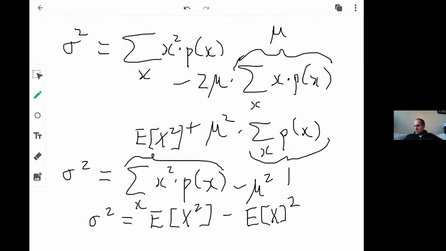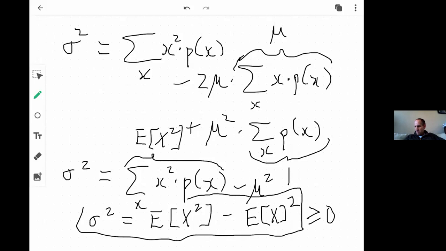And incidentally, this is always positive, because at the very beginning this was the expected value of the square of something, and the average of a square is always going to be bigger than or equal to 0. So this formula is what we use to compute the variance for a random variable.